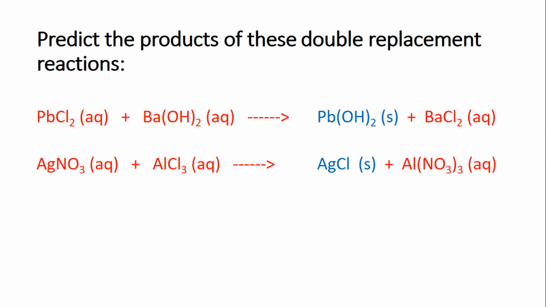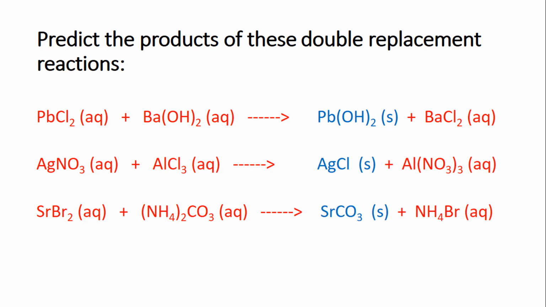The third example has us combining two solutions, strontium bromide and ammonium carbonate. Pause the video for a moment and determine the formulas of the products, then try to use the solubility chart and figure out, is there a precipitate? In this chemical reaction, the products are strontium carbonate and ammonium bromide.